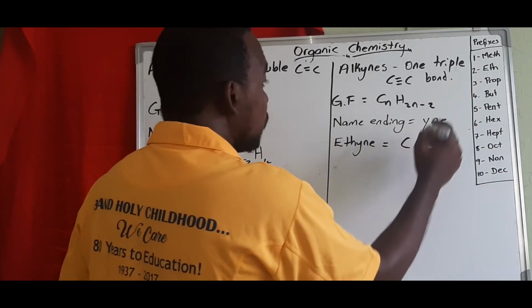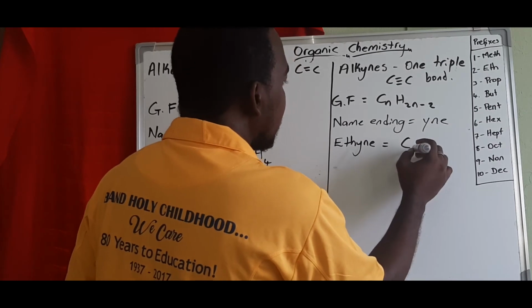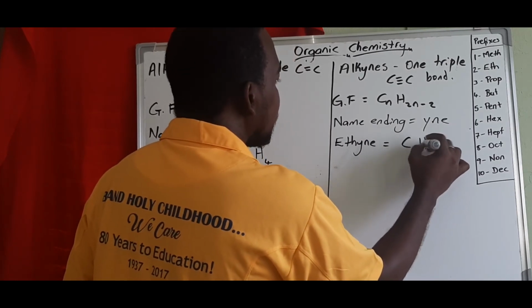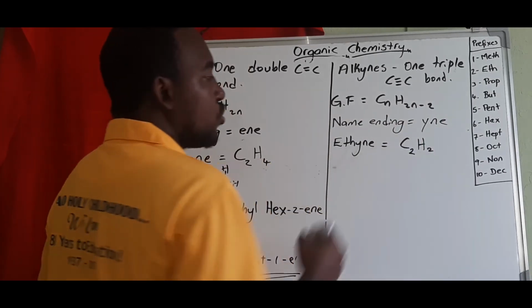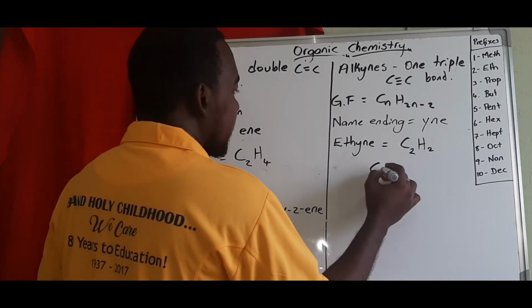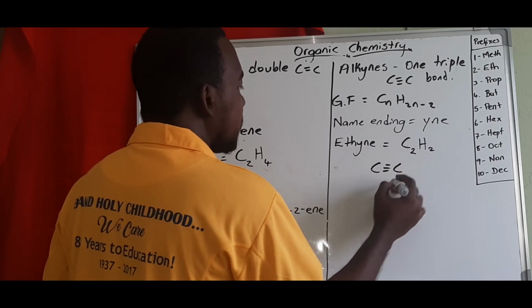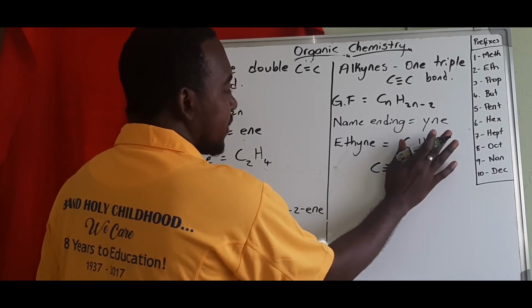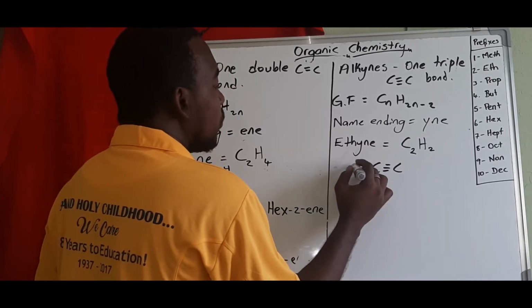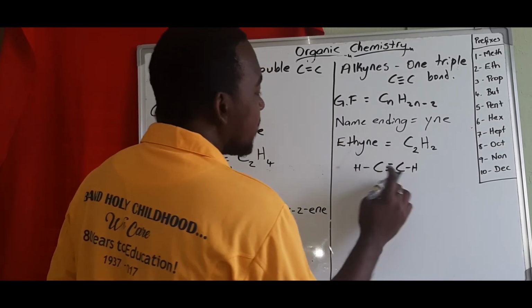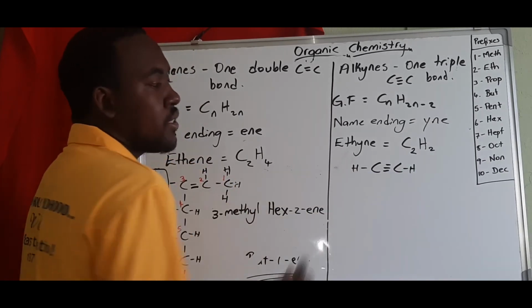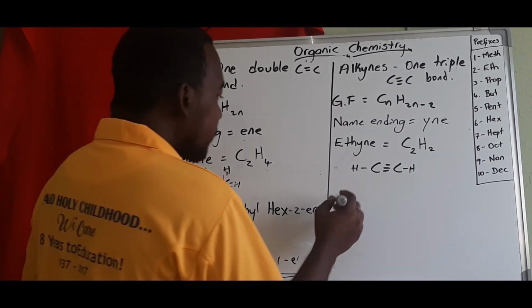So we have n equals 2, which is 2 times 2, 4, minus 2, gives us 2. We have carbon, triple bond, carbon. We cover this, it already uses 3, so we need 1. Cover this, already uses 3, we need 1. So that's 2 C's and 2 H's.